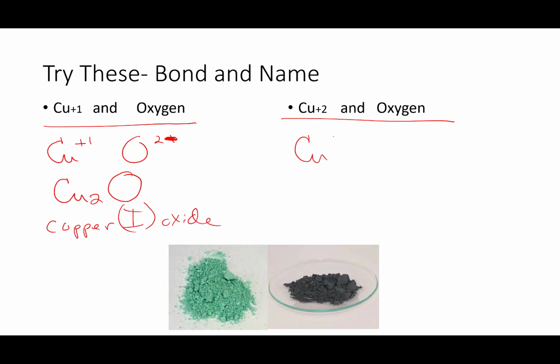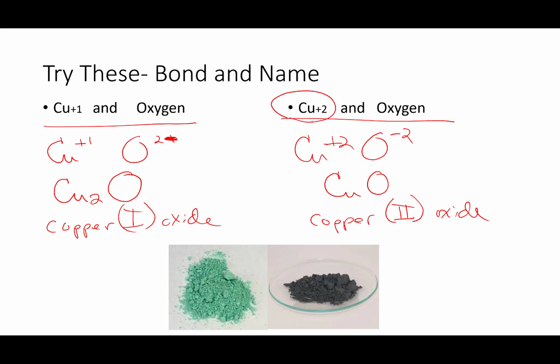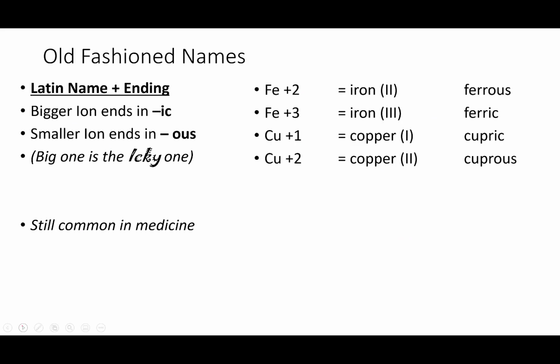This is Cu +2 with oxygen, so this is CuO, and this is going to be copper 2 oxide. And why is that 2 there? The 2 is there because that's the ion of copper. And again, I included pictures because I really want you to understand these are different compounds.